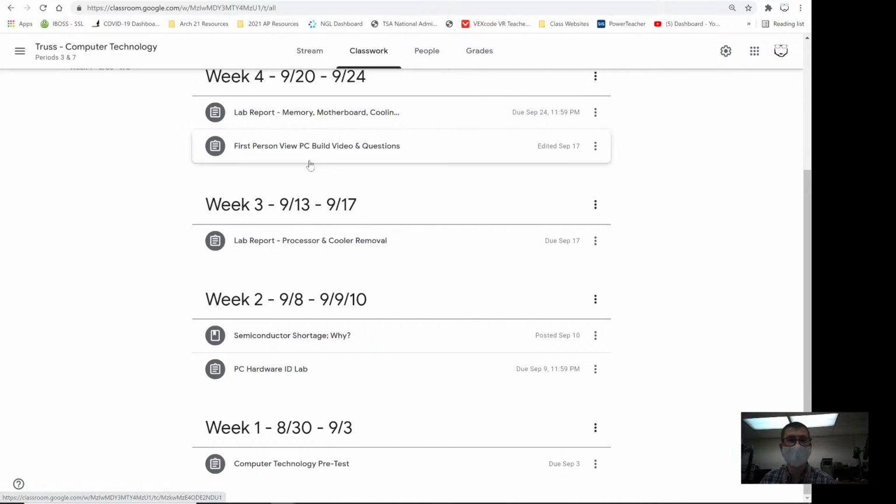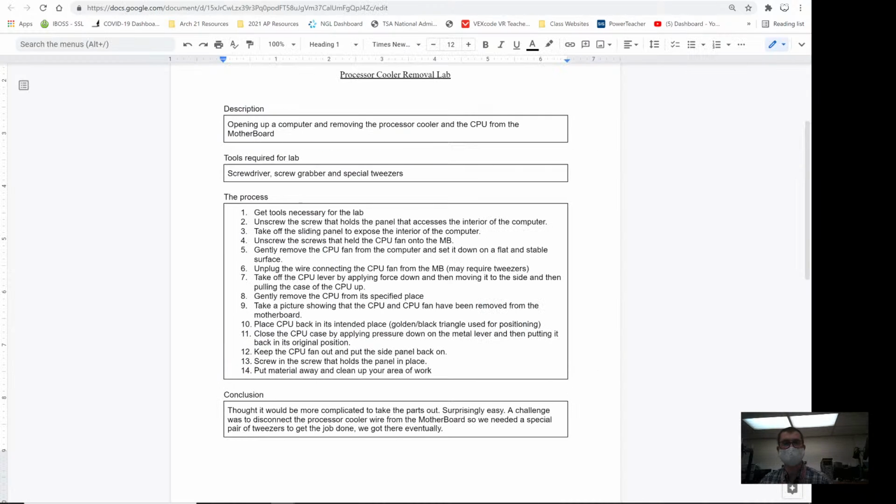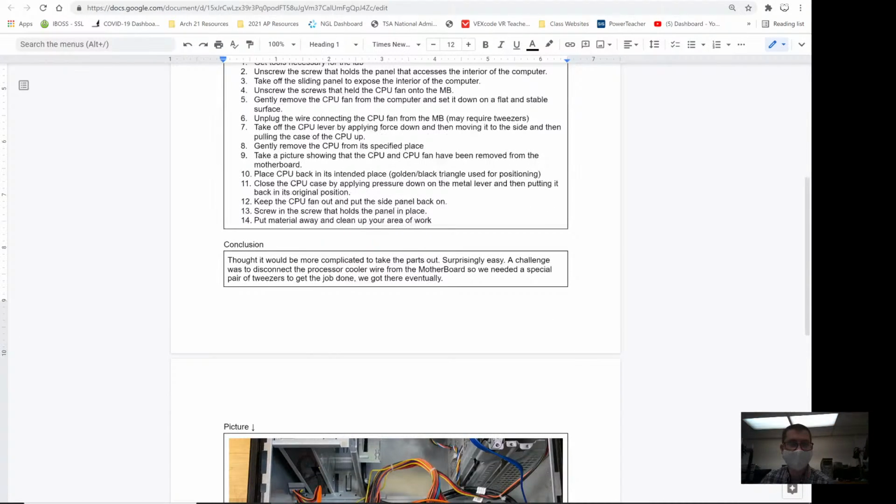So this is an example of one of the assignments that was turned in, where we have a description, the tools, the process that they took to get the project done, and a conclusion about specifically what was hard, what was easy, what was surprising. And the student was surprised that it wasn't as complicated as they thought. It was surprisingly easy.